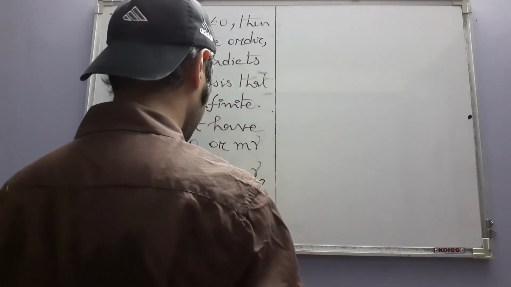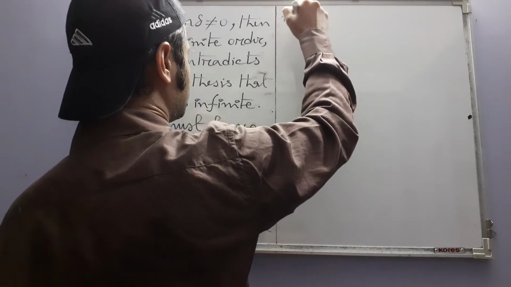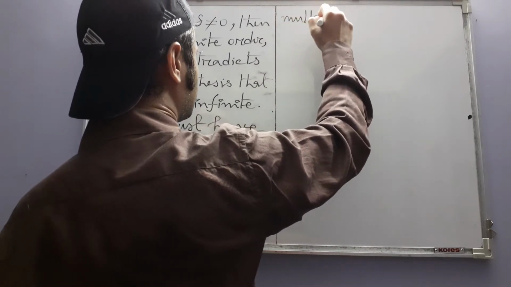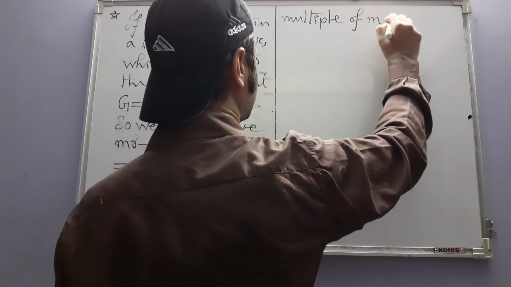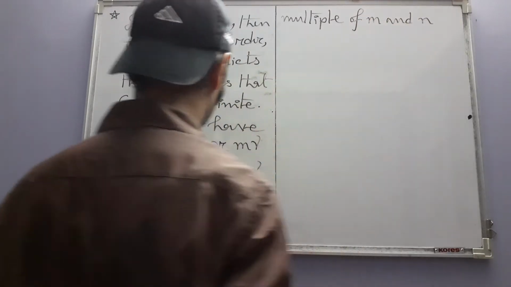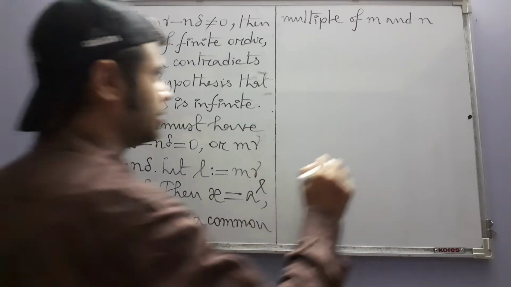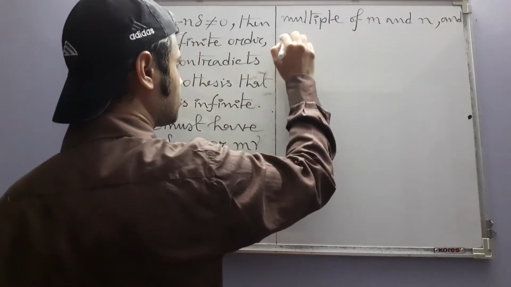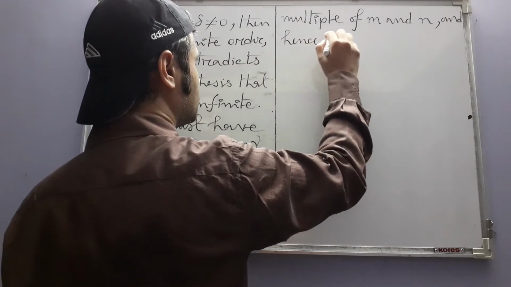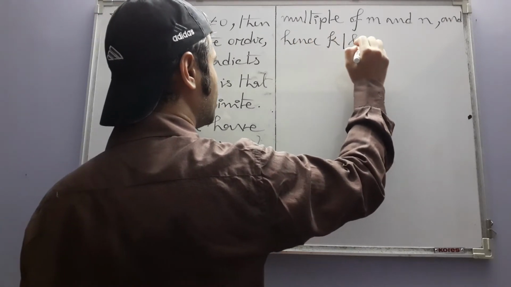L is a common multiple of m and n, and hence k divides L.